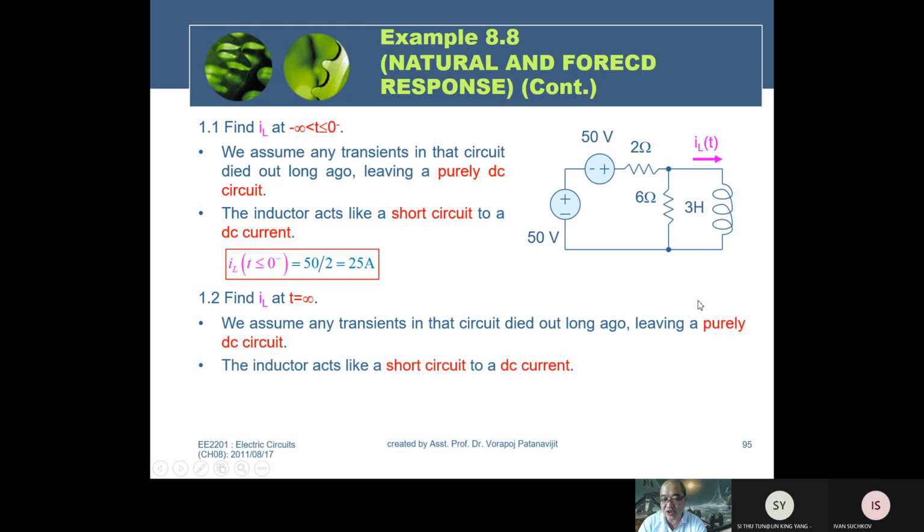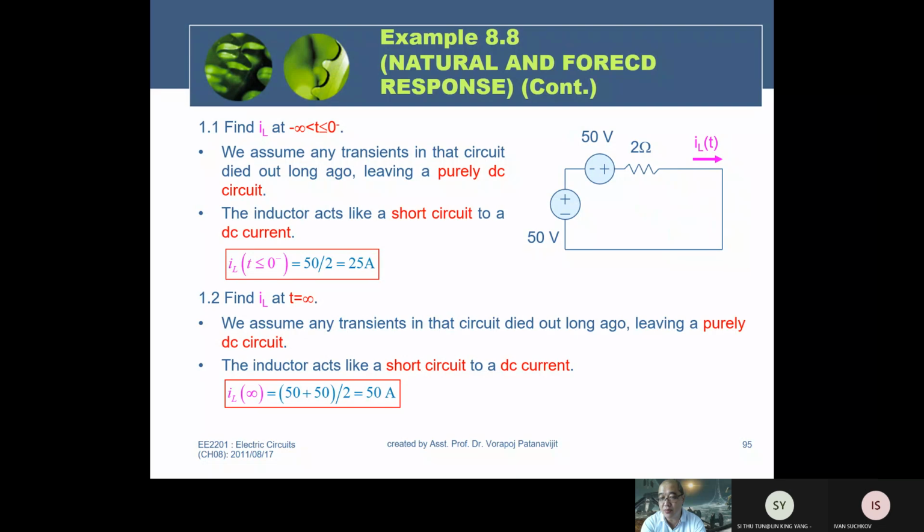We assume any transient in the circuit died long ago, leaving a purely DC circuit, and the inductor acts like a short circuit to the DC current. It means the 6 ohm resistor is already bypassed. IL equals V divided by R. For time greater than 0, the source is double the previous one.